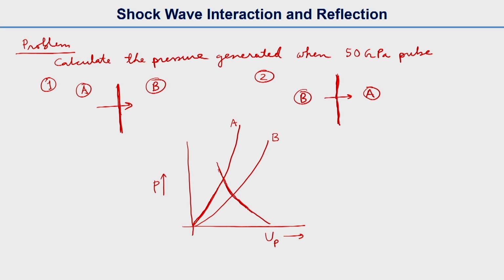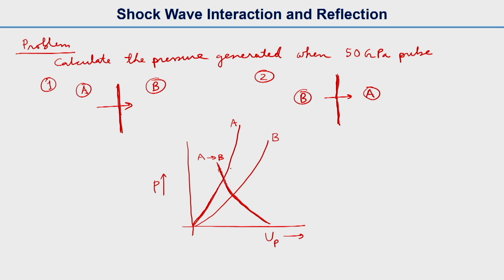So that means this is the first case, which is from A to B transmission, and this is the reflected wave.